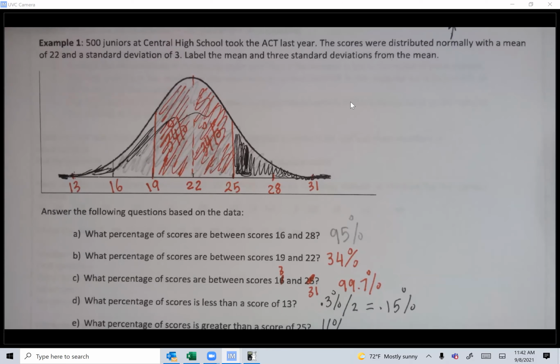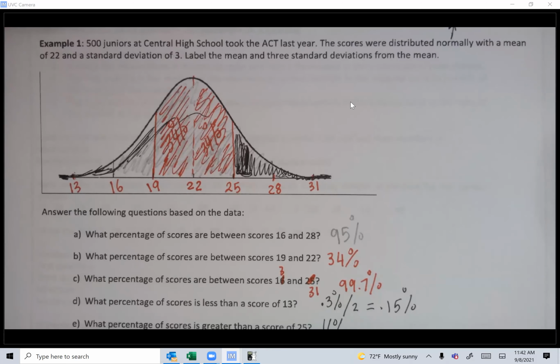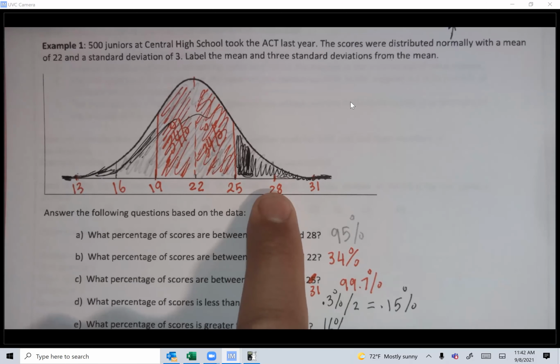Now, how do you use this rule, guys? As far as standard deviation, if I tell a student that your score on the first test was 2 standard deviations above the mean, should the student be happy with this news? I think the student should be very happy, because he's almost right here, 2 standard deviations above the mean. He's one of the top 95%.